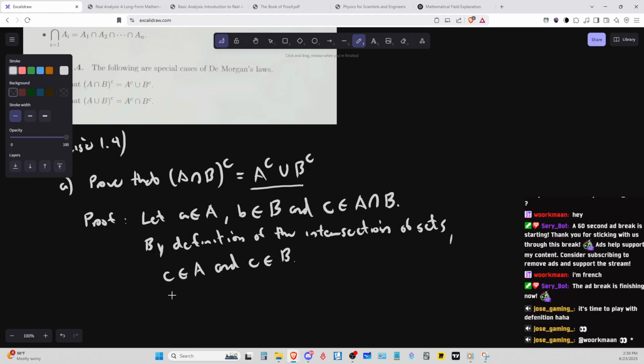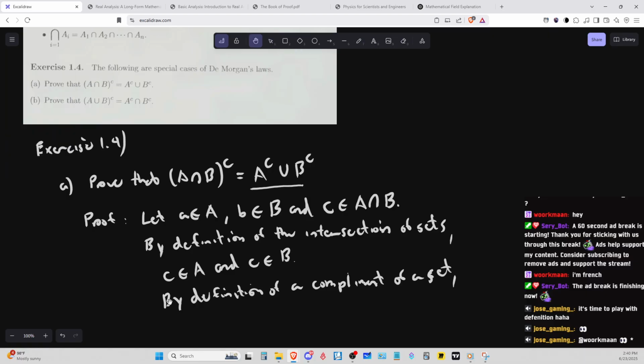So by definition of a complement of a set, I know I'm probably making it wordier than it needs to be.